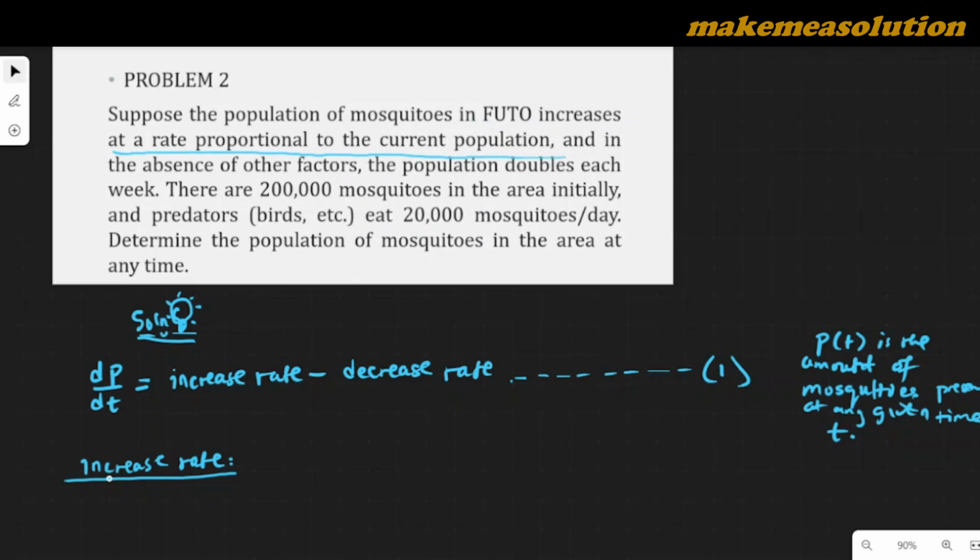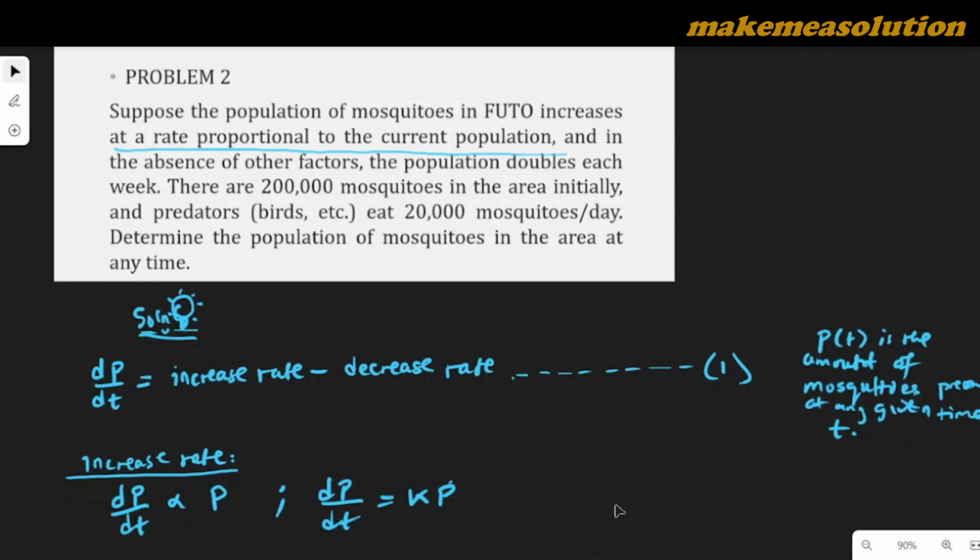So the rate of increase is actually proportional to the current population. So in the increase rate, it will also take this form, that dP/dt for the increase rate scenario is proportional to the current population, which in this case is P. So introducing your constant of proportionality, dP/dt becomes kP.